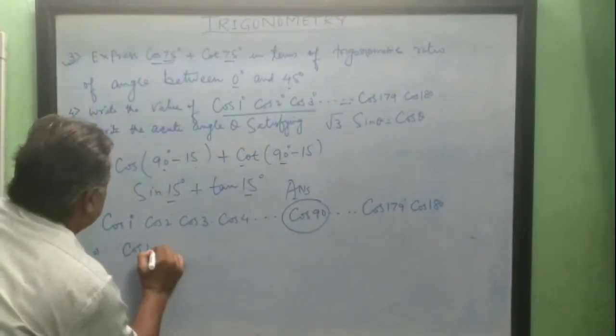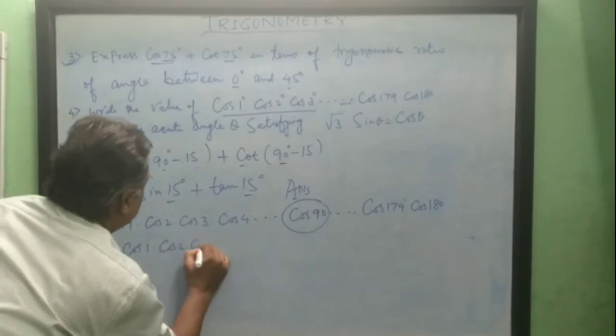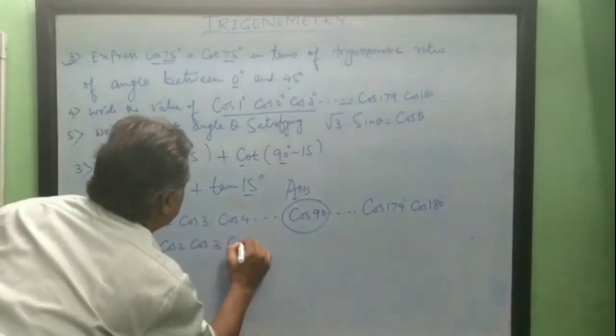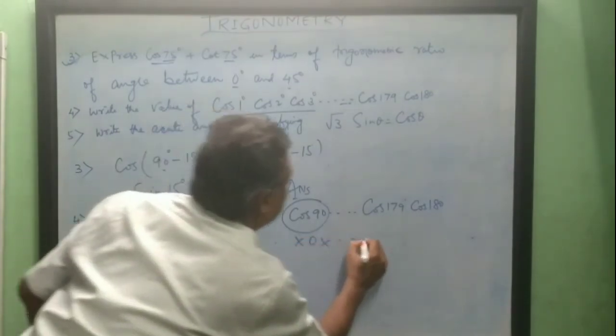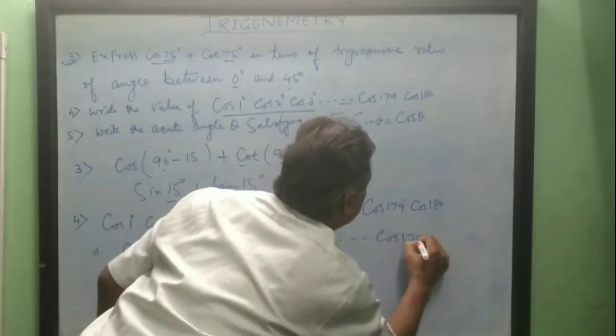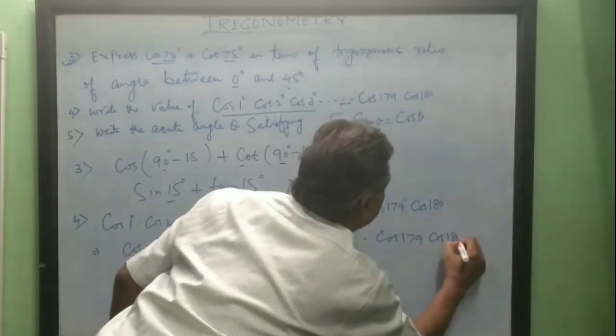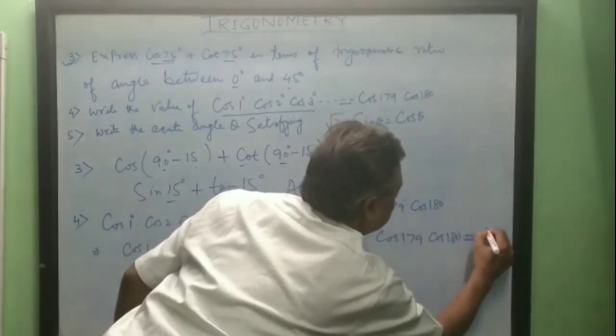So cos 1 degree, cos 2 degree, cos 3 degree, cos 4 degree into 0, which will make the whole expression equal to 0.